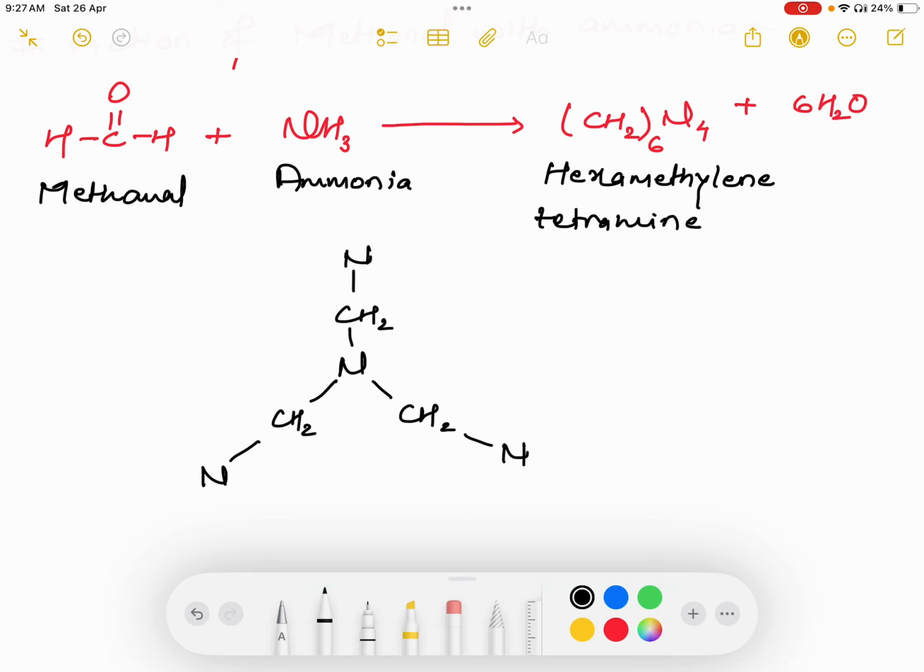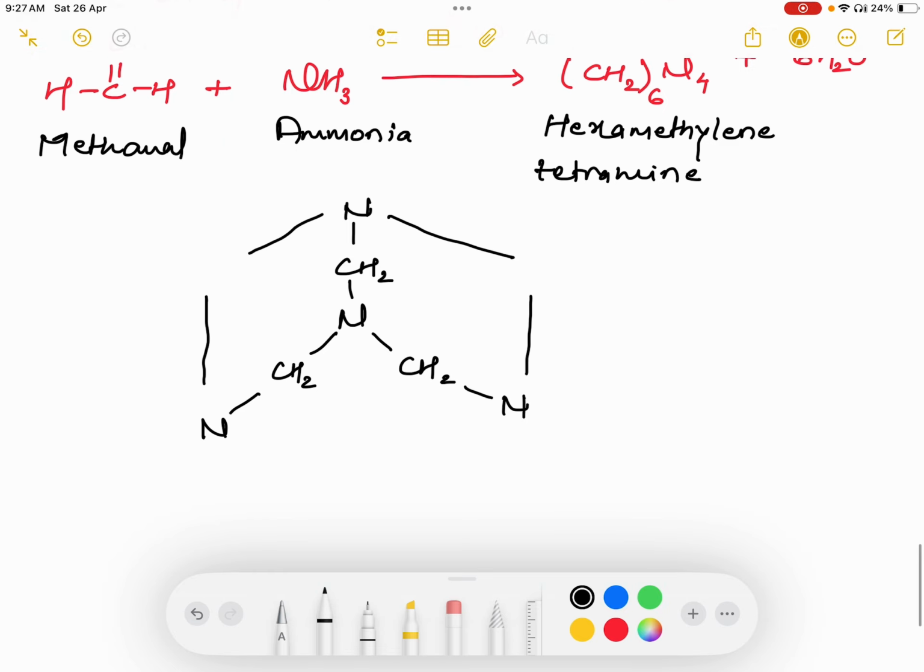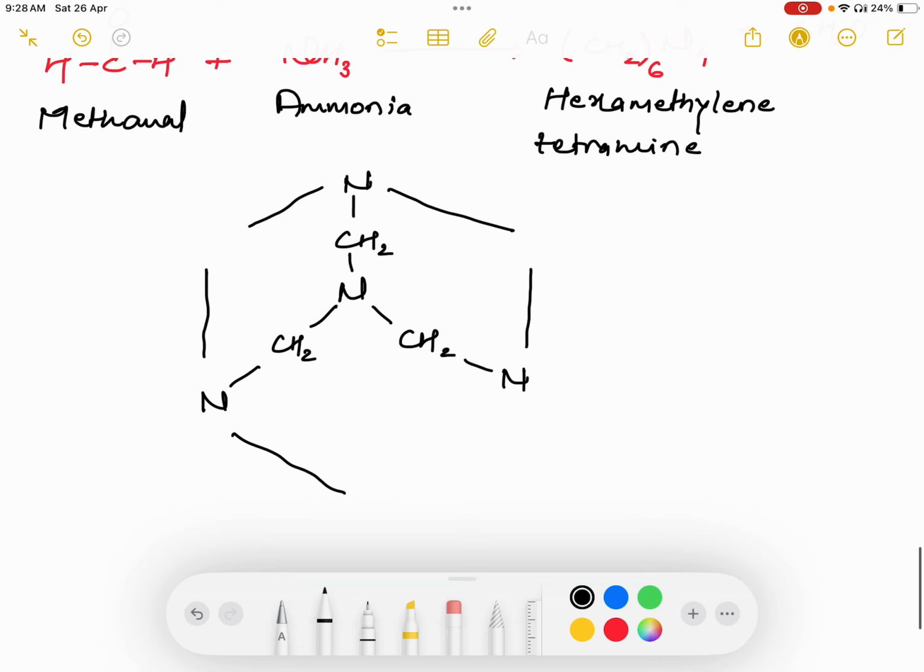Now, over here let me make a benzene-type hexagonal structure, and two spatial lines from here. Now here I kept a CH2 group, here I kept a CH2 group, and here I kept a CH2 group.